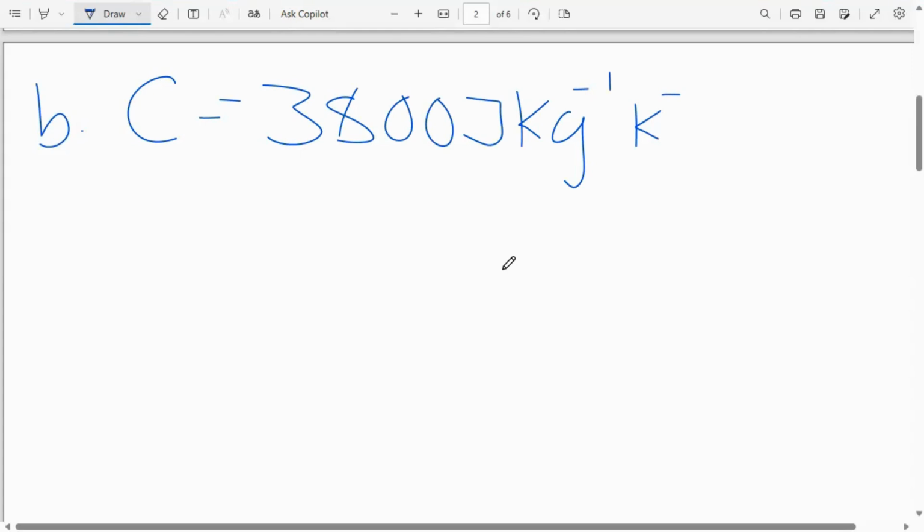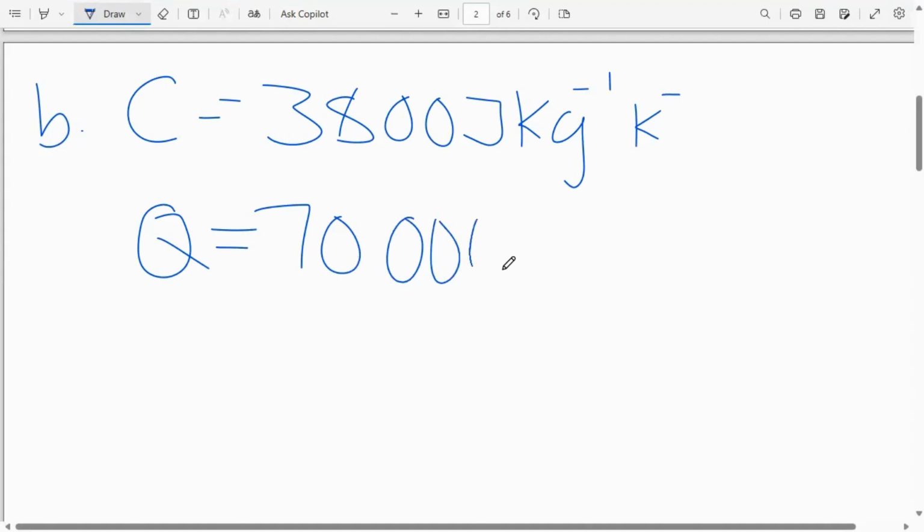Then we've also been given thermal energy, which is Q, that is generated. They've said it's 70,000 joules per minute.